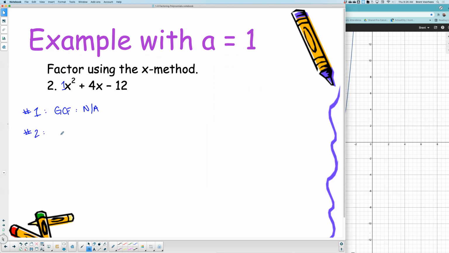Number 2, what was our number 2 step? The X method, that's right. If you remember, it's going to have the factors A times C up top and the value of B down below. 1 is our A, B is our 4, and C is our -12. Now hear me say that again. When I say A, I'm not saying 1x squared.